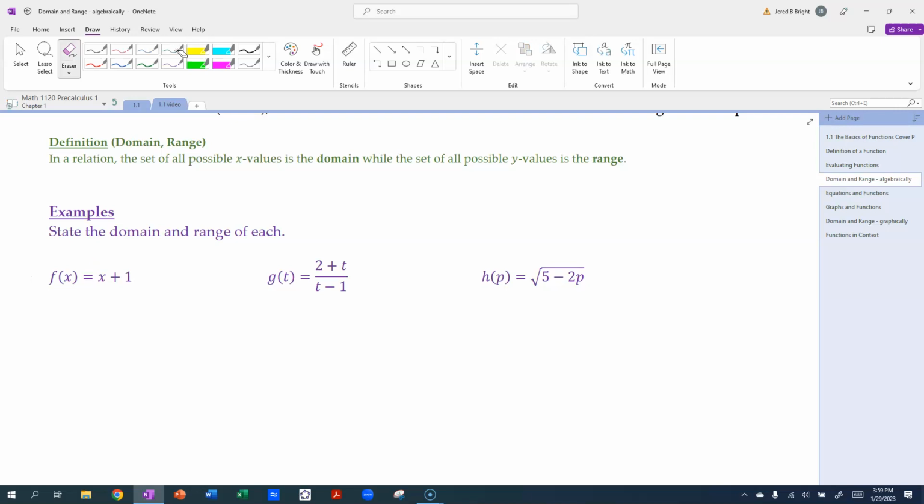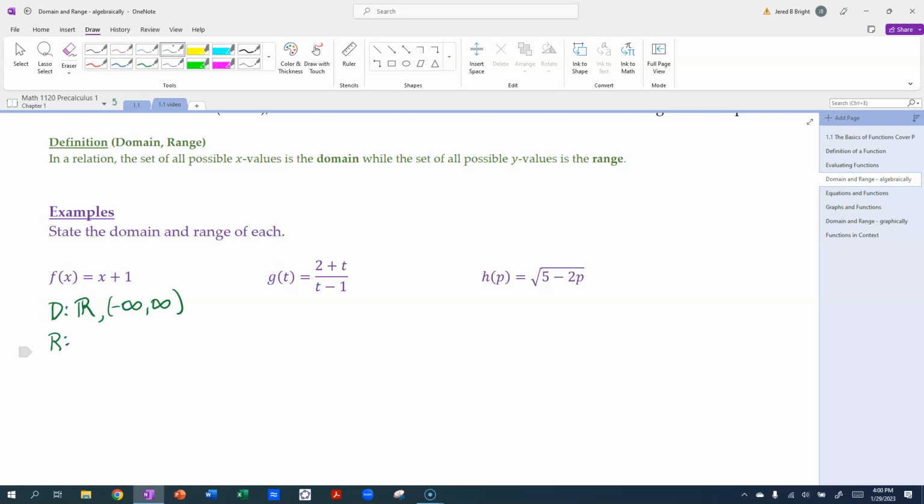So in this case, I'm going to say my domain, I can put in any real number. A way we can communicate that is double-bar R, which means all real numbers. You can also write this in interval notation as minus infinity to infinity. X can be in that range. And similarly, when we talk about range, what do we get out?